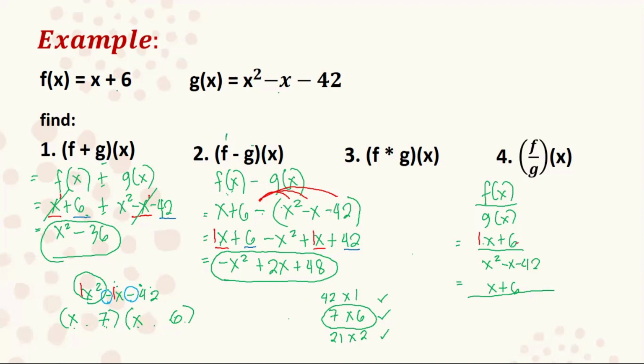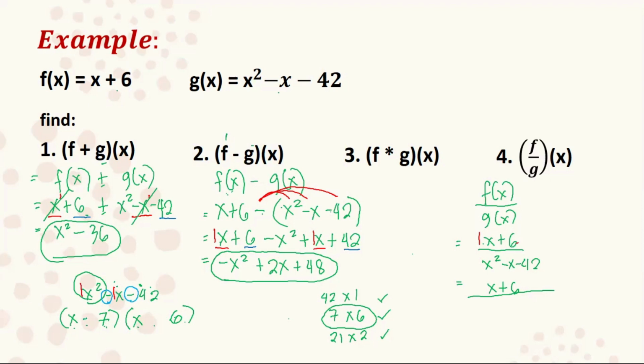This time, i-consider nyo yung middle term, yung sign ng middle term. Since ang middle term ay negative, ibig sabihin, yung mas mataas na value, yan yung negative. So in this case, it's 7.